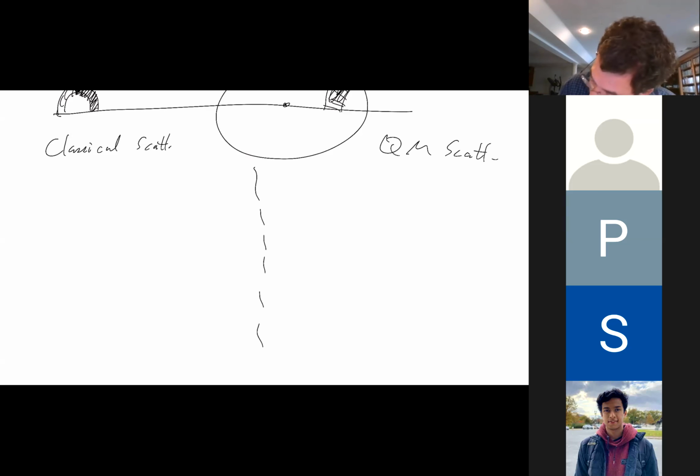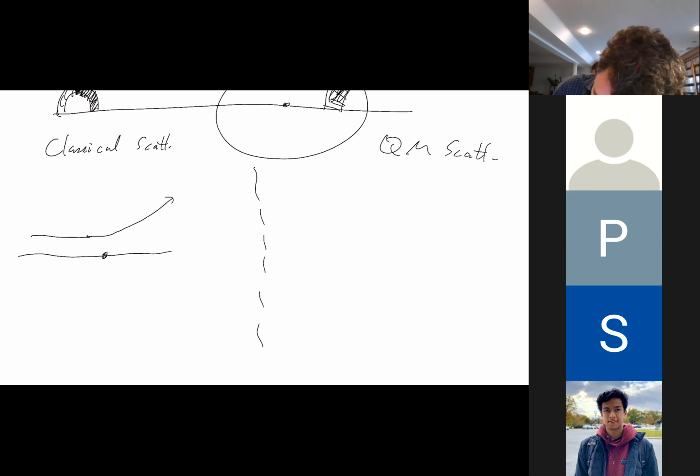And so let's do it like this. Classical scattering is this. We just did it. We have some luminosity, and the particles scatter.